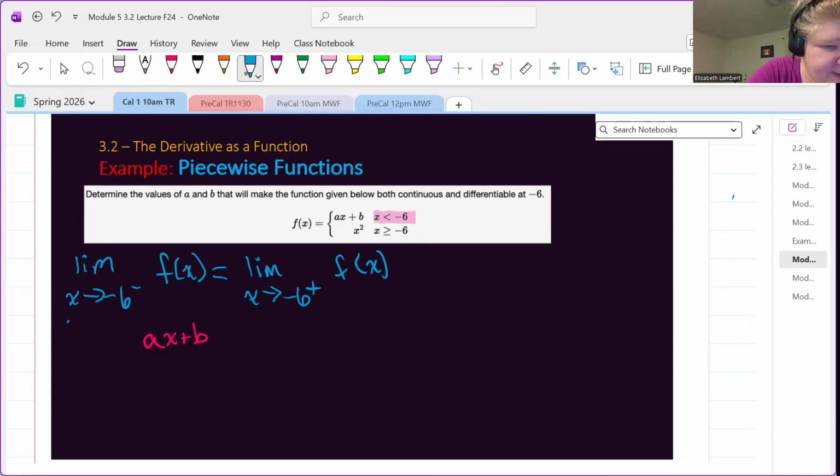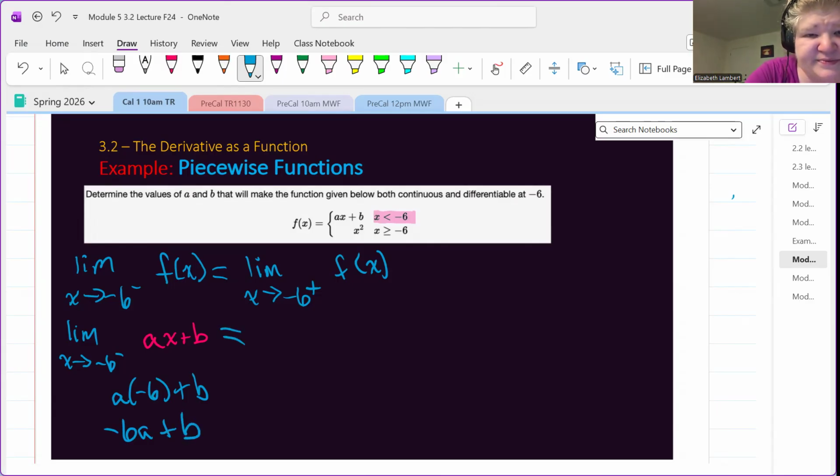Let me rewrite the limit. Now, when we're evaluating limits, if we can just shove the number in, we shove the number in. So this is a times -6 plus b. So we have -6a plus b. Now on our other side, when x is bigger than -6, our function is x squared.